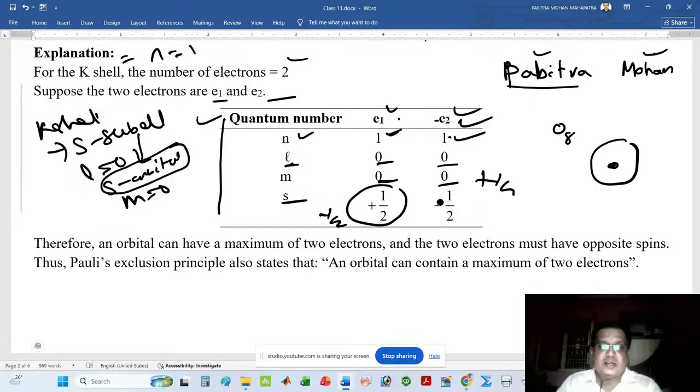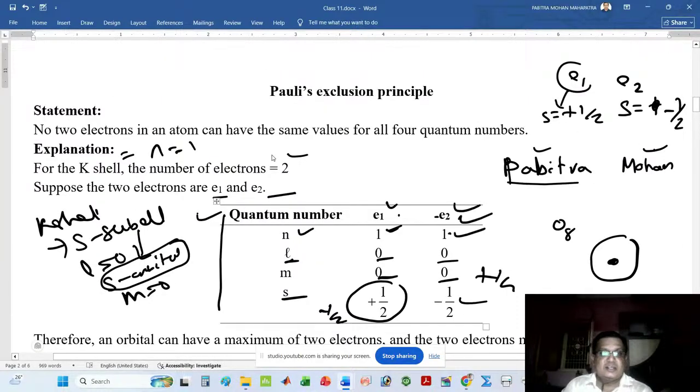That means the two electrons have different quantum numbers. One is plus half, another is minus half. So we cannot say that any other value can be found. That means two values represent two electrons. So here we can say that therefore an orbital can have a maximum of two electrons, and the two electrons must have opposite spin. Clear?